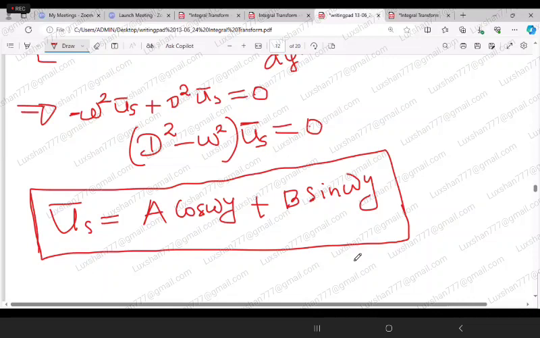This is a second order ODE. So how to write the solution of a second order ODE?